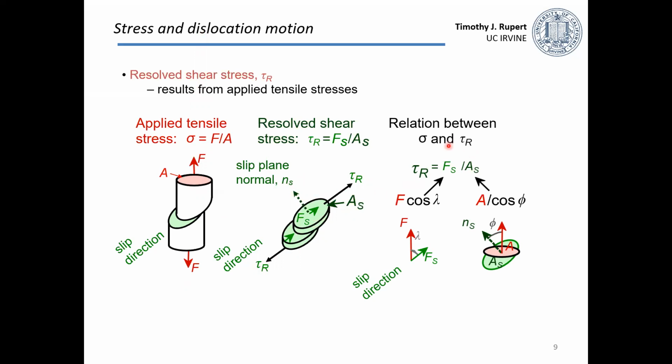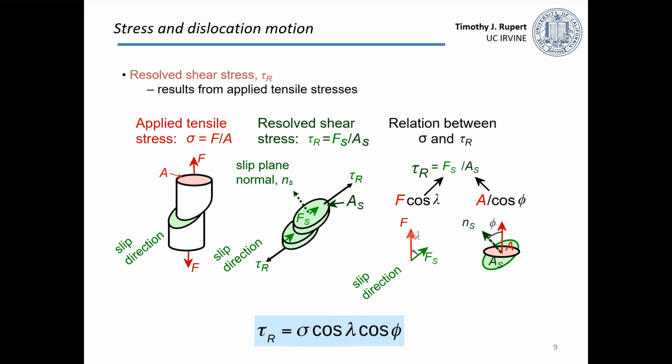We can find what's the force in that shear direction, what's the area that's shearing. And both of these are going to introduce a cosine into this equation. And basically what we can see here is that the resolved shear stress we get on this plane is going to be equal to the applied tensile stress in the vertical direction, multiplied by the cosine of these two angles.